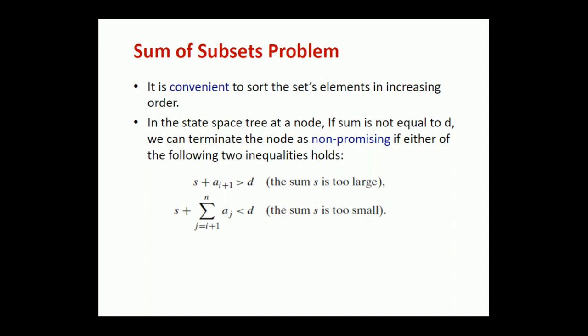If A dash is not equal to D, we can terminate the node as a non-promising node if either of the two following conditions hold.